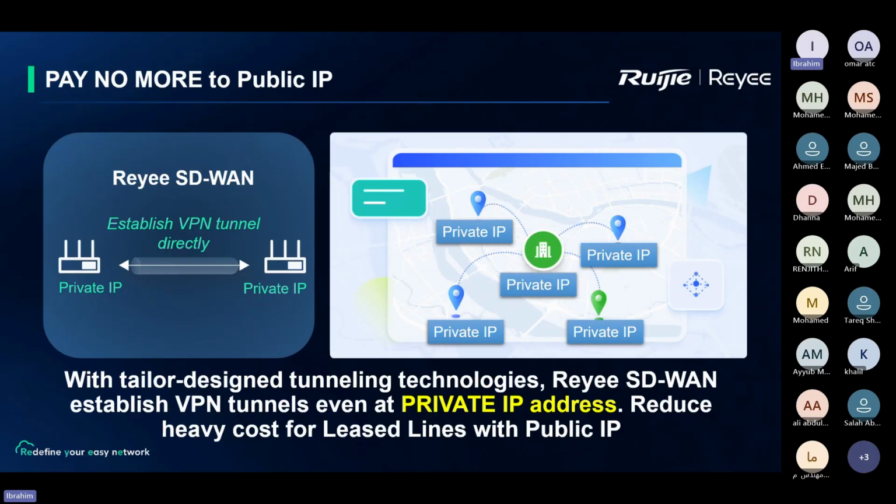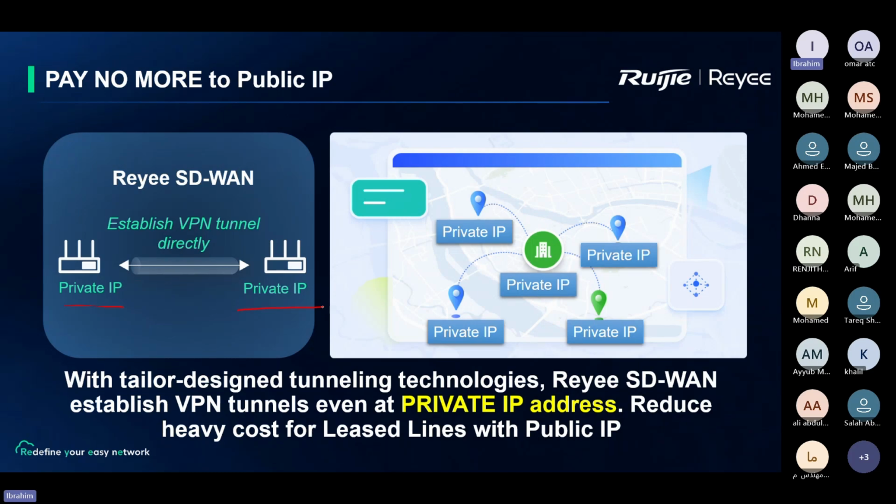Okay, so as you can see, if you have a lot of branches that are giving private IP, there is no need to have a public IP. You can connect the branches together using the private IP. So this helps us.